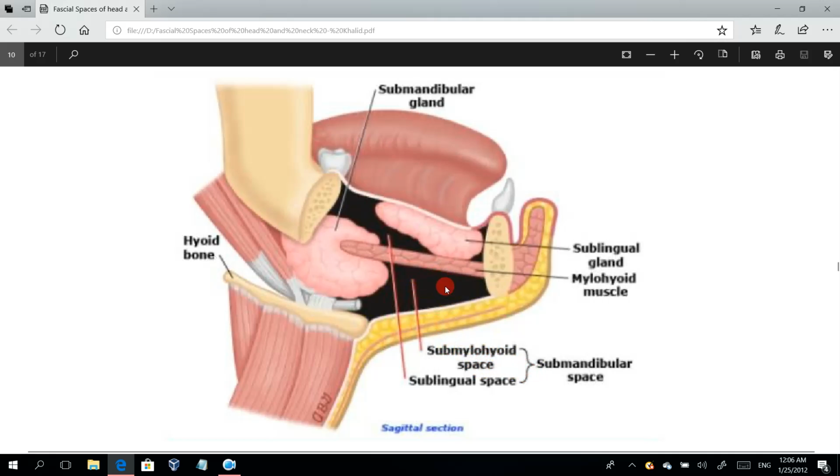Both of these spaces can be called submandibular space, because both are below the mandible, but don't depend on this. We see that this is the sublingual, and I gave you its boundaries, and here is the submandibular space. Also, I gave you its boundaries.